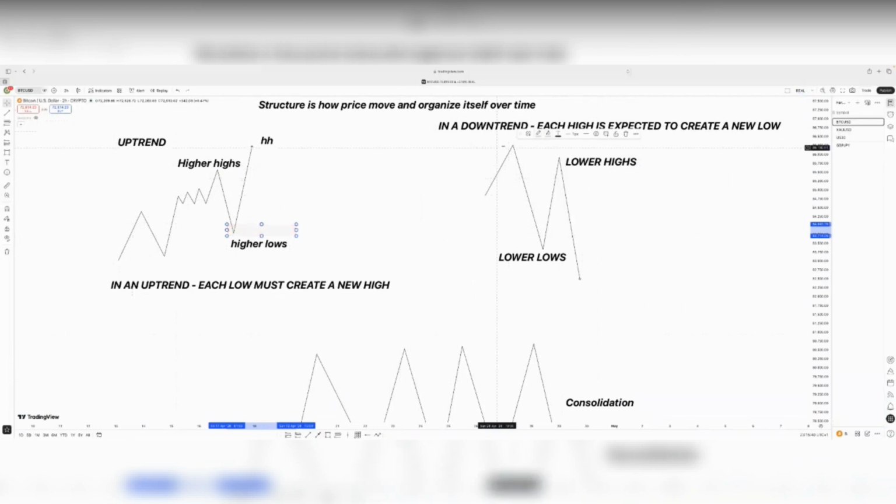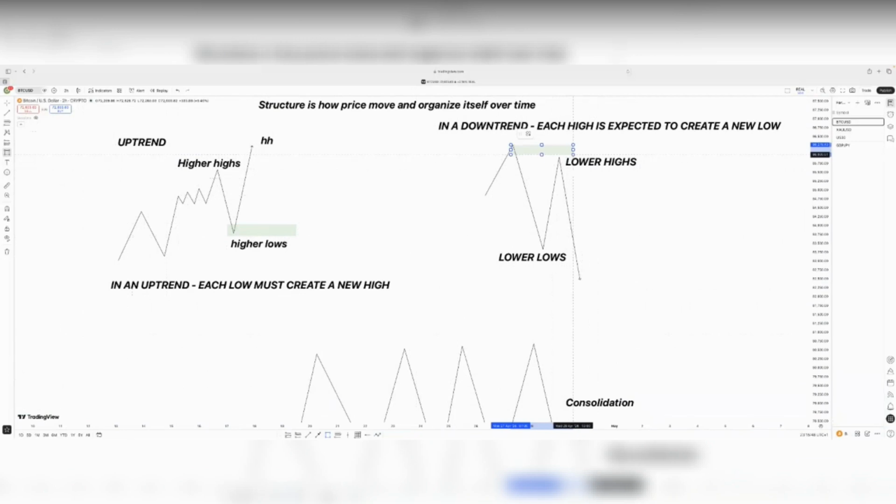In an uptrend, these lows are called support. In a downtrend, these highs are called resistance. Please get it.